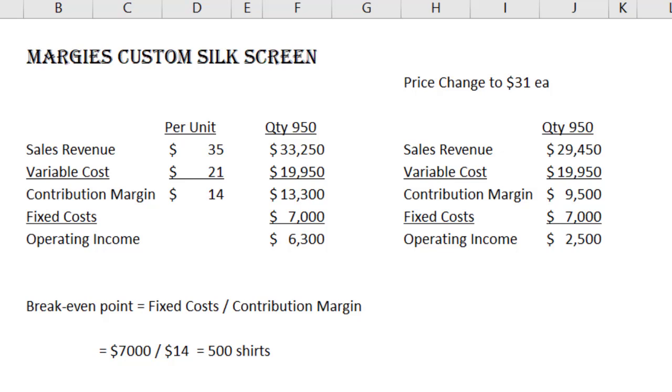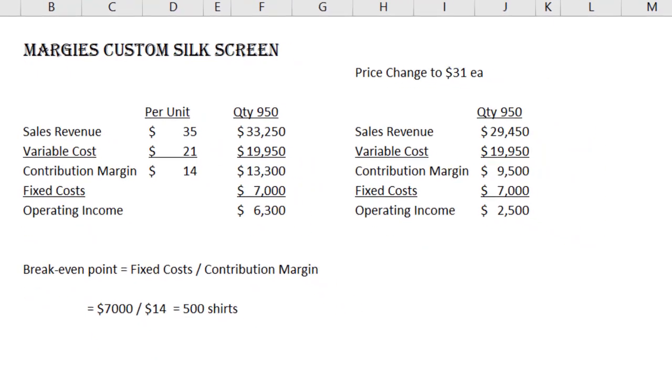Now the manager says, yeah, but hold on a second. If we drop the price and have a sale, we're going to sell more shirts. She estimates about a 10% increase in the number of shirts that they would sell. So we need to add this to the situation too. We need to increase the quantity as well as dropping the price.